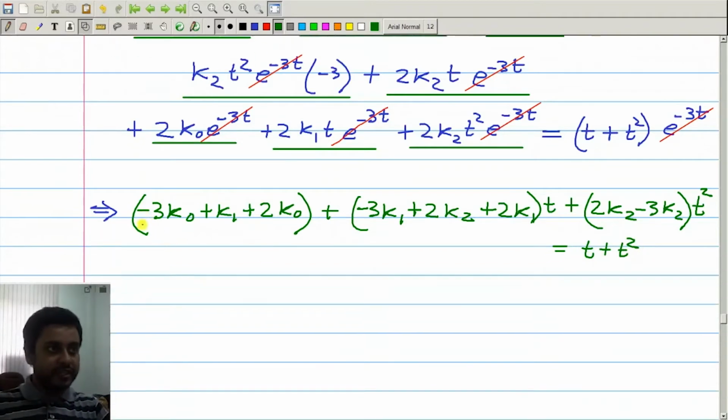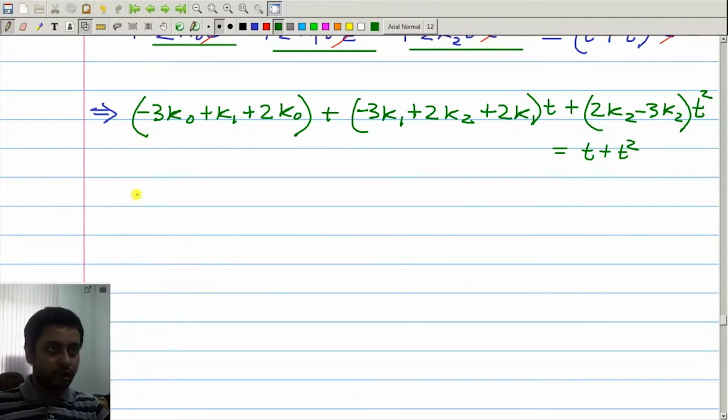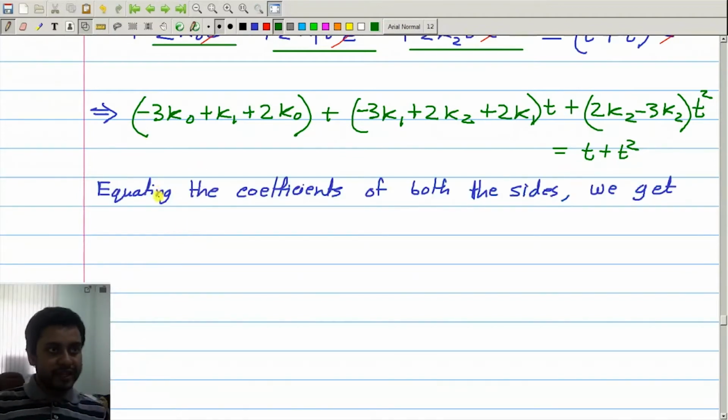Now equating the coefficients of both the sides, we get, with 2 minus 3, that means minus k2, and here the coefficient of t square is equal to 1.